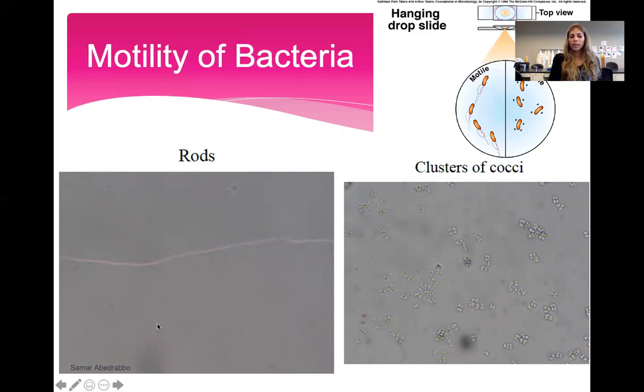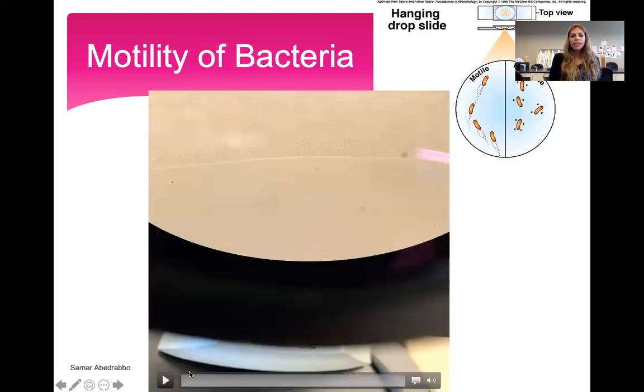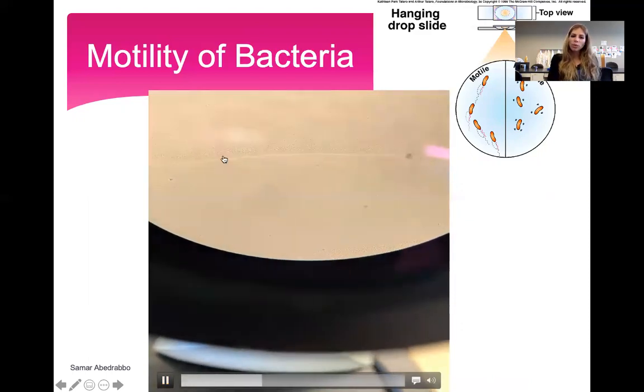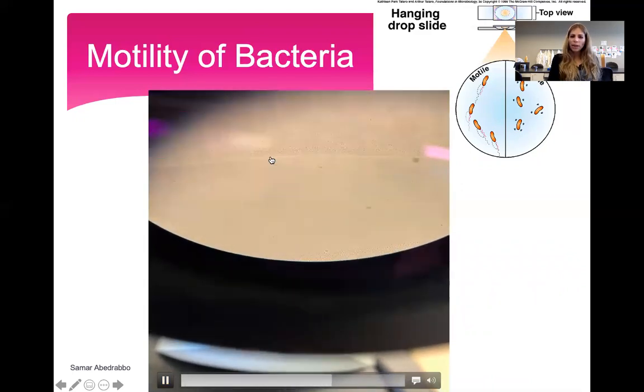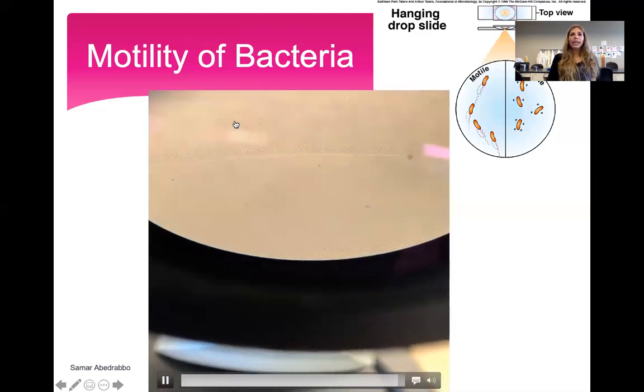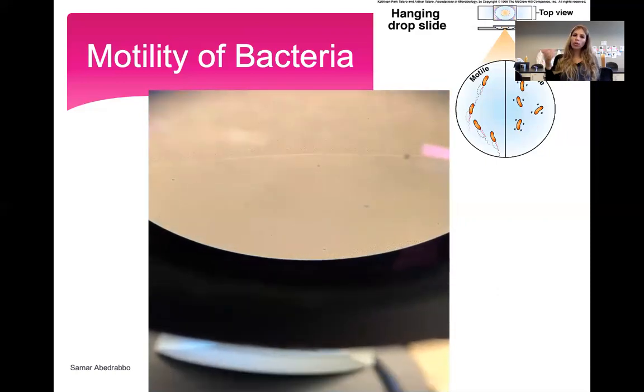Here are coccus, very circular bacteria. And here's a video I took of a slide I did. My hand was shaking a little bit, but you can tell. These are rod-shaped bacteria, and if you look closely, you'll see some of the bacteria shooting across. And with motility of bacteria, just one or two bacteria shooting across means that the whole culture is motile.